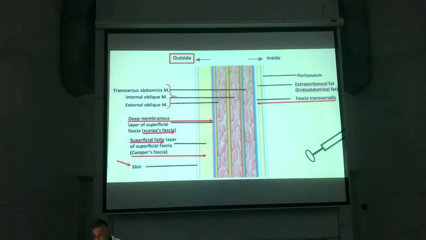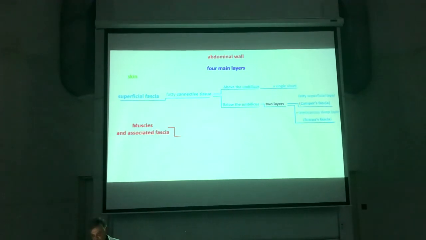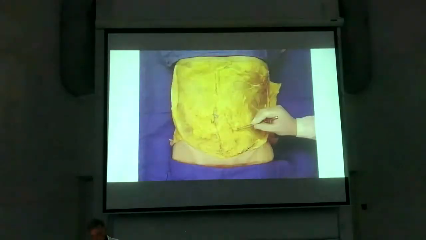Then we have the fascia transversalis, and then the extraperitoneal fat, and then the peritoneum. Now, this is a summary of what we have just talked about.